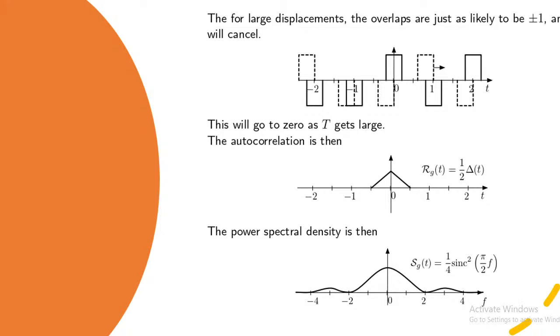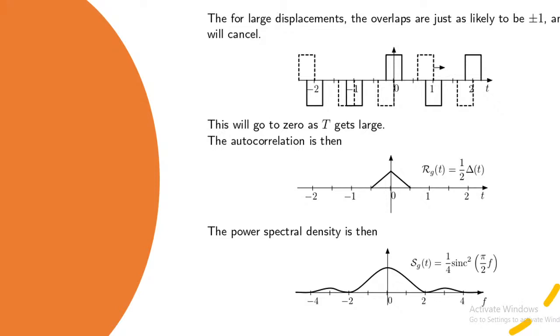Now, suppose you have a large displacement. In the large displacement, there will be overlaps of plus or minus 1, and they will cancel. So this will go to 0 as T gets larger. Then the autocorrelation will be a triangular function, because those will be 0.